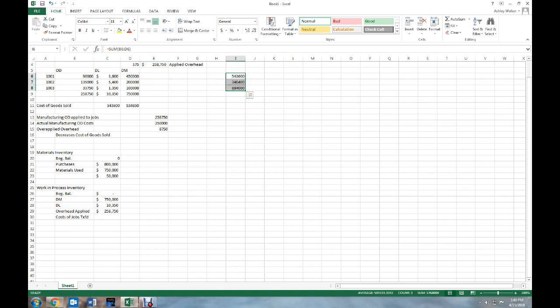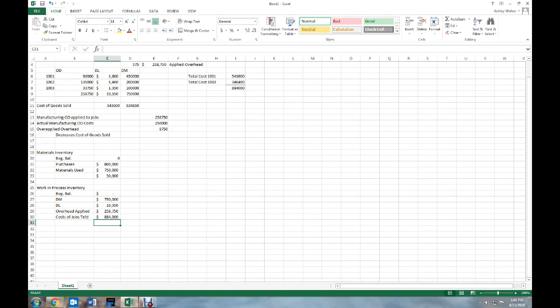So our total costs for 1001 is $543,600. And our total cost for 1002 was $340,400. So our total for those being transferred were $884,000.